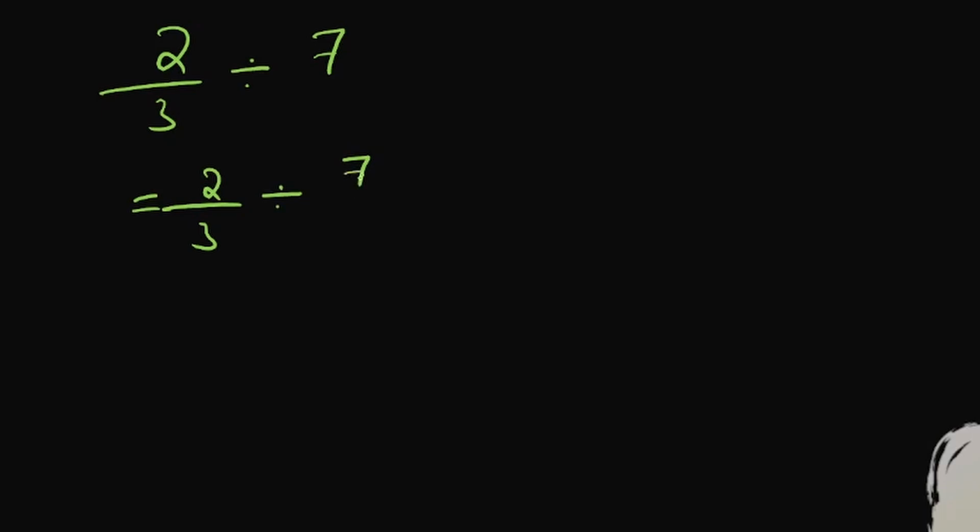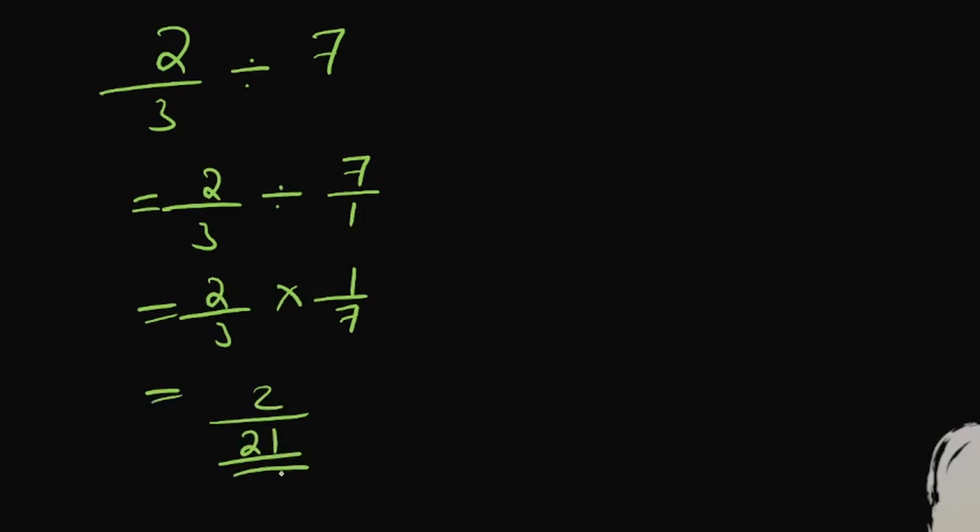Simple, 7, I can write it like 7/1. Both of them are the same. Now it is division. Dividing by 7/1 is the same as times 1/7. The reciprocal of 7 is 1/7. Now it is multiplication, pretty simple. 2 times 1 is 2, divided by 7 times 3, 21. 2/21 is the required answer.